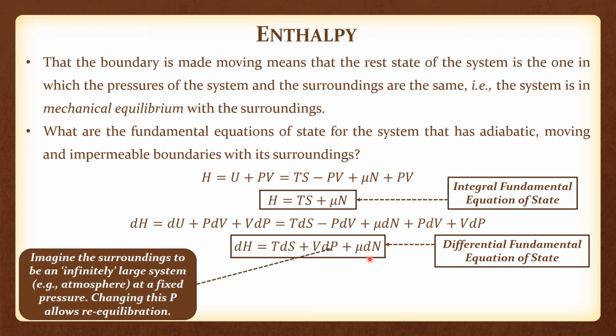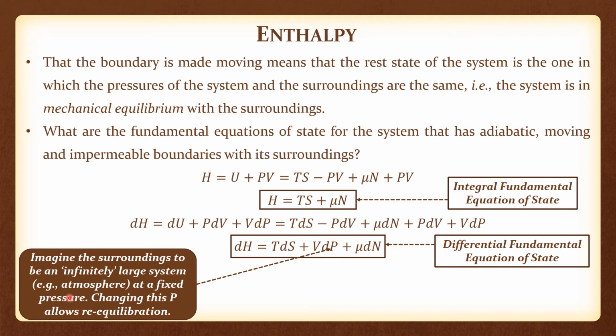So what does this mean? Imagine the surroundings to be an infinitely large system, like for example an atmosphere at a fixed pressure, and so the system is always in mechanical equilibrium with the surroundings. So there is a fixed pressure.